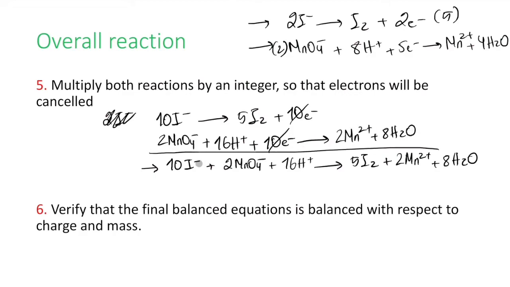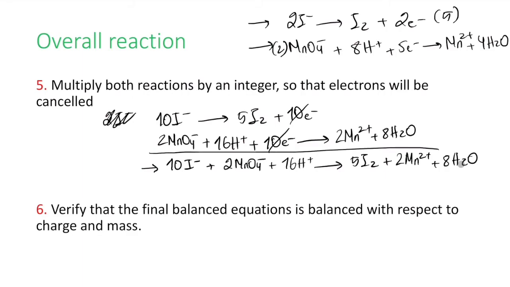Let's see. Here we have 10 iodine atoms, and here we have 10 iodine, 5 times 2 is 10. So the iodine atoms are being balanced. 2 manganese atoms, and here we have 2 manganese as well. 4 oxygen atoms here, but 4 multiplied by 2, we have 8 H₂O.